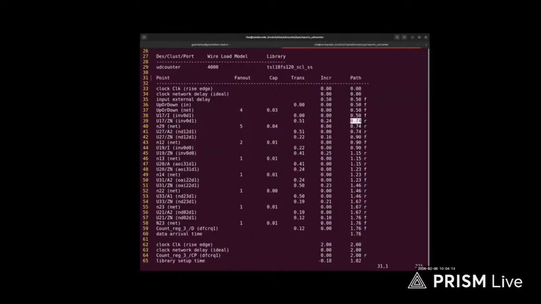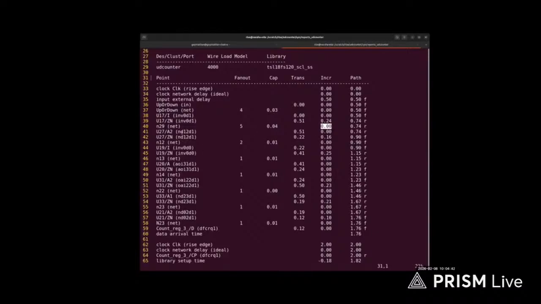Now the timing is getting added. Then you have your net delay. The output of the inverter is getting connected to the input of a NAND gate through a net. If you see, there is no delay accounted for this net because there is no actual net available during synthesis, so there is no net delay.